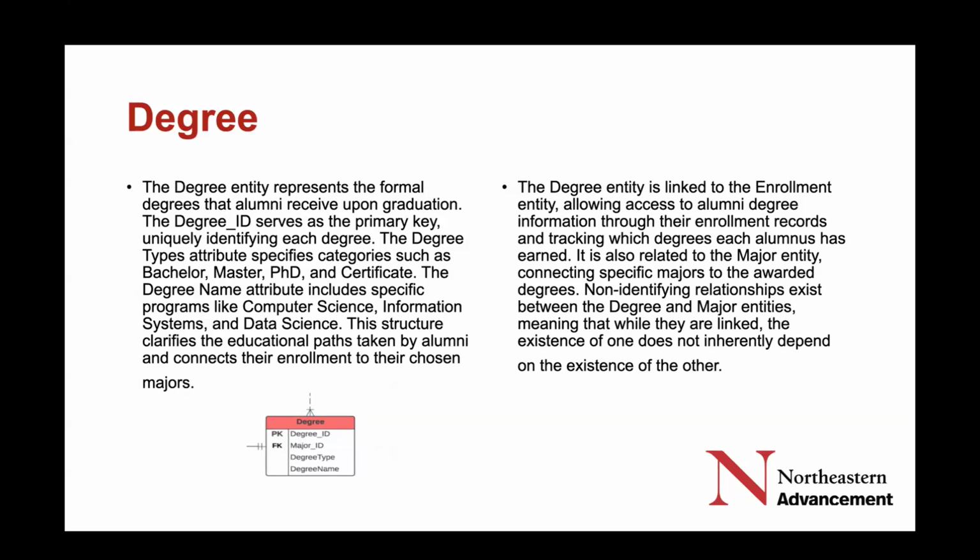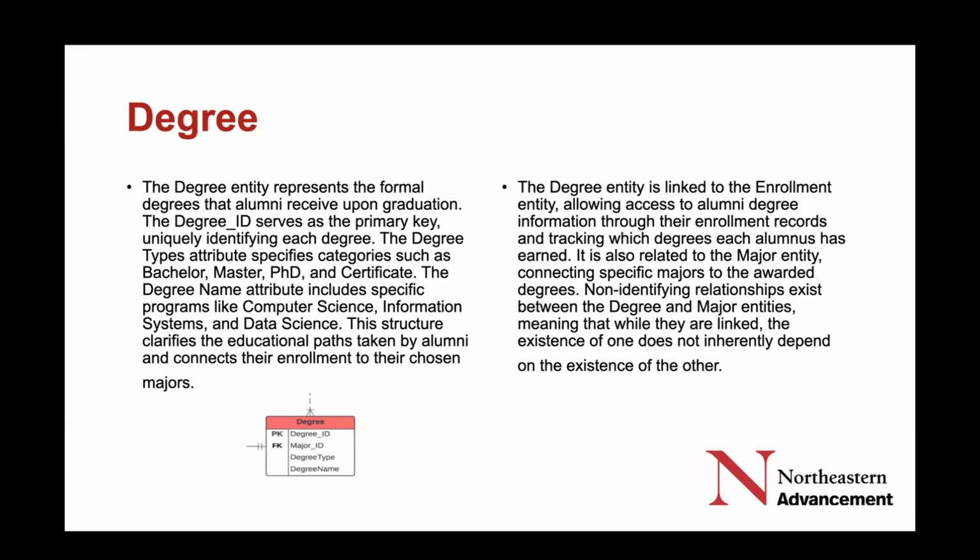And this attribute includes the specific program that the alumni has taken. Some of them can be computer science, information system, data science, economics, and others. This structure clarifies the educational path taken by alumni and connects their enrollment to their chosen majors. So this degree has a link with major and, at the same time, enrollment.